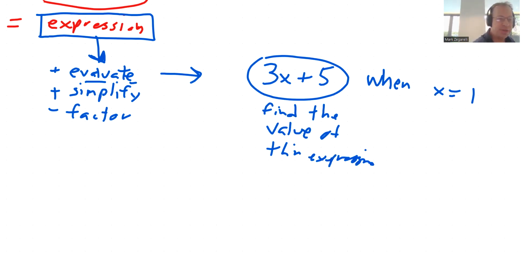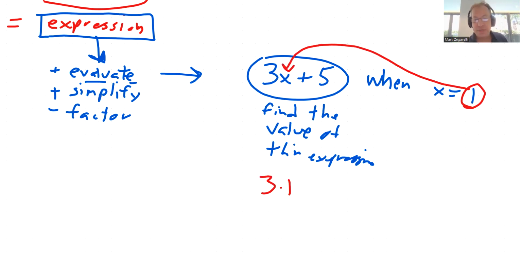And we do that by plugging in 1 for x, 3 times 1. This is one of the only places I ever use the dot multiplier in algebra. 3 times 1 plus 5, 3 times 1 equals 3 plus 5 equals 8, and we found the value.